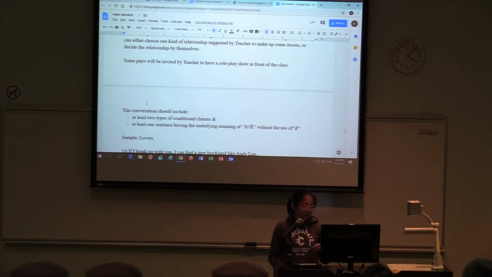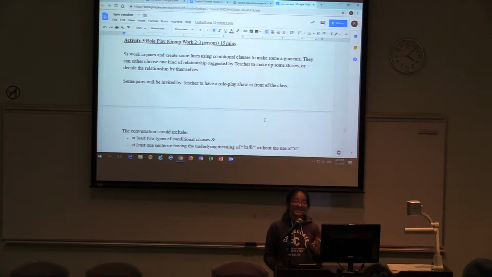And we have the requirements, like they should use at least 2 types of conditional clauses and at least 1 sentence having the underlying meaning of 如果 without the use of if. It's a challenge, but we believe in students' creativity.